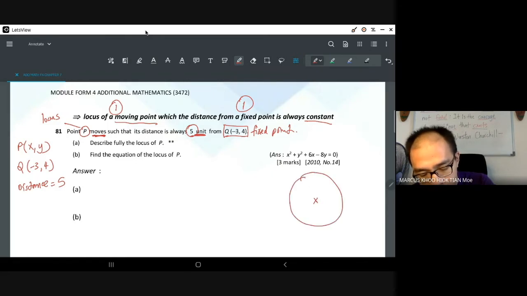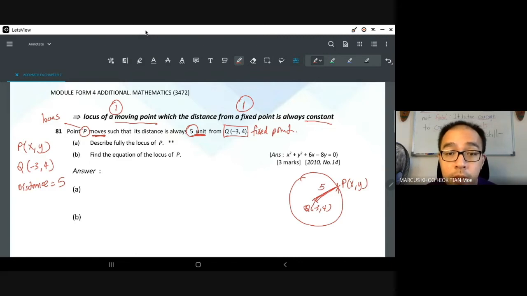It is a circle where this is the locus P, and this is the fixed point Q (-3, 4). So this distance over here is 5. So that's how it will look.